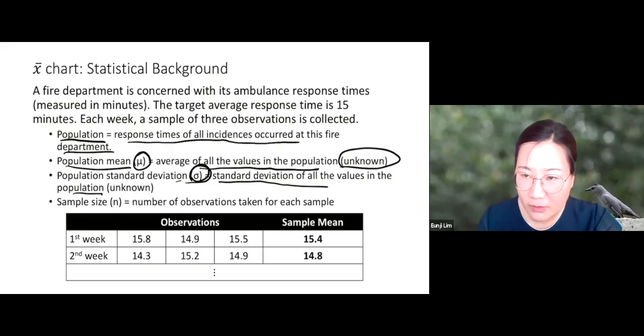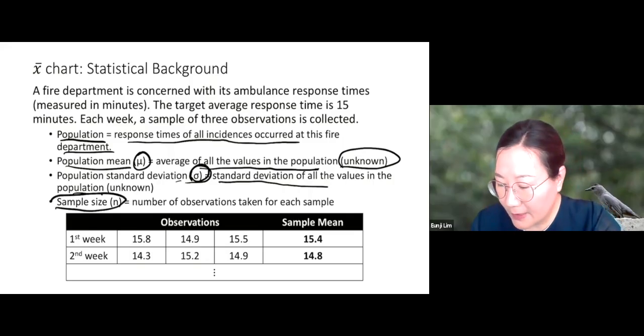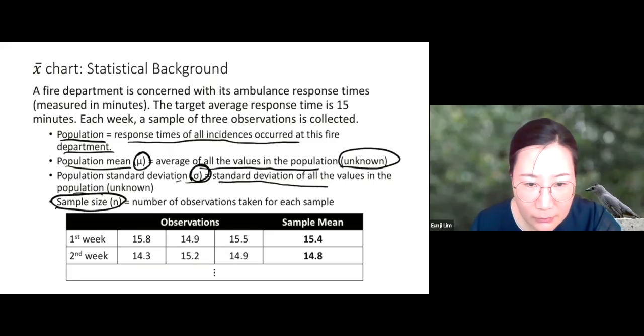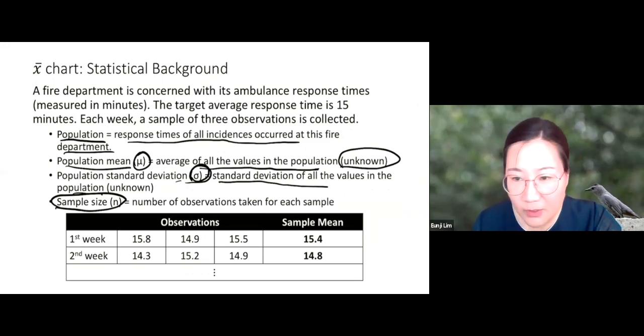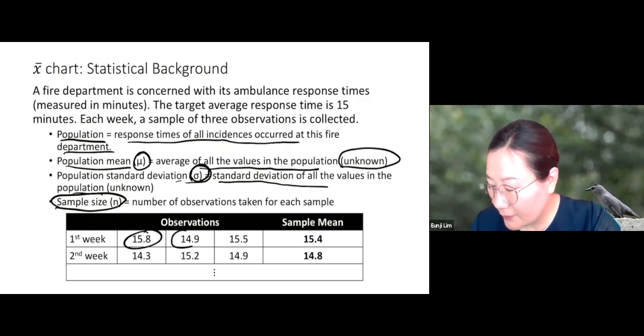We just sample some of them, and we observe those values that are sampled. So sigma is also unknown. Now we have a term called the sample size, n, which is the number of observations taken for each sample. So this is known to us. In the previous example, what was the sample size? We took 3 observations, so the sample size was 3.